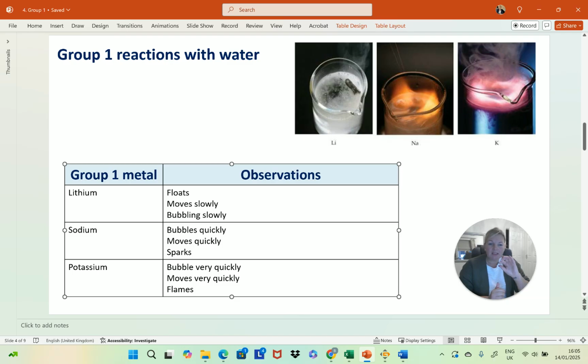And in some cases we put universal indicator into the water, because the indicator will turn purple, showing us that they're producing a hydroxide, because they are alkali metals. And if you think to Unit 4, where we look at the reactions of metals, we know that hydroxides, lithium hydroxide, sodium hydroxide, etc., they are alkaline, and so therefore we see the solution turn purple.